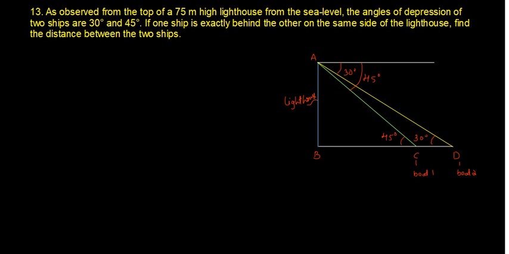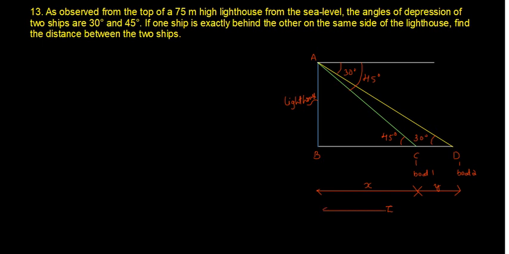And I will name the distances between these things. Let this be x, let this be y, and the total distance from B to D, let that be z for the understanding purpose.